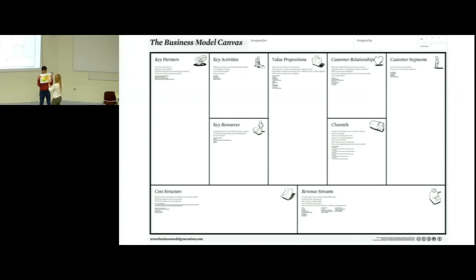So what are the customer relationships? Apple wants to be consistent. They want to deliver a new product every year, so they know that their customers will buy a new product every year. As we said, this relies on fanboys. Anyway, so the key resources.